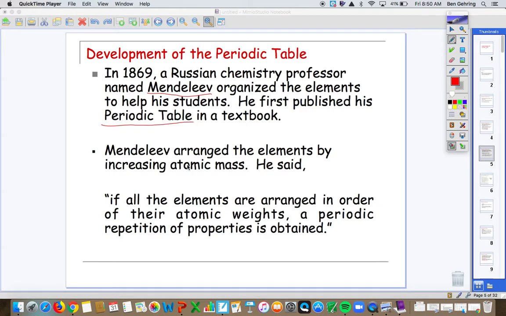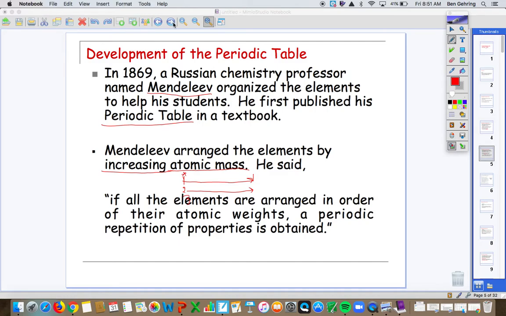What he did with them was arrange them by increasing atomic mass. He said that if all elements are arranged in order of their atomic weights, a periodic repetition of properties is obtained. So he started with the smallest element, and then he put them out in order until the properties of this element repeated again. Then he cut his list and started row 2, and went until properties repeated again, and then row 3, and so on and so forth.